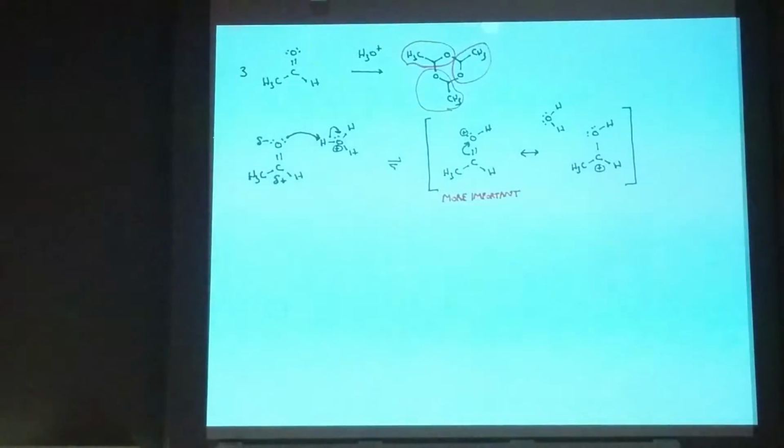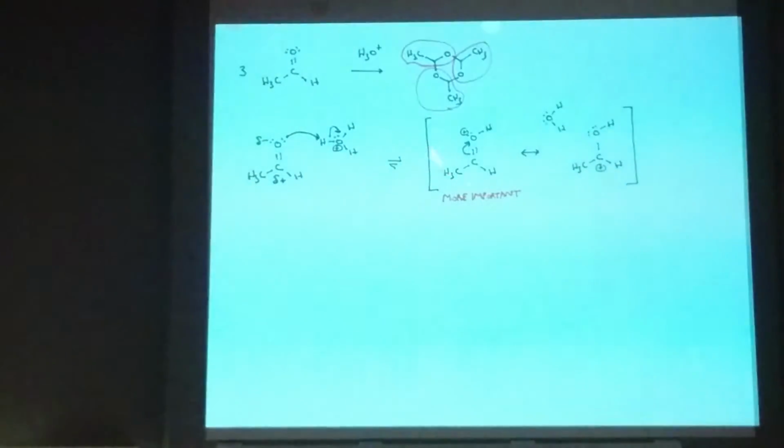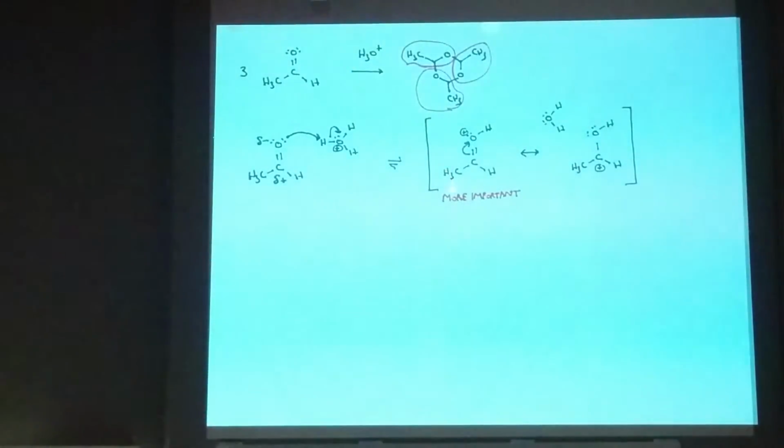Now, we've protonated one of the 3 acetaldehyde molecules that ends up in this product. Well, each of the carbons in the paraldehyde product, and that's just the name of the molecule, is bonded to 2 oxygens.